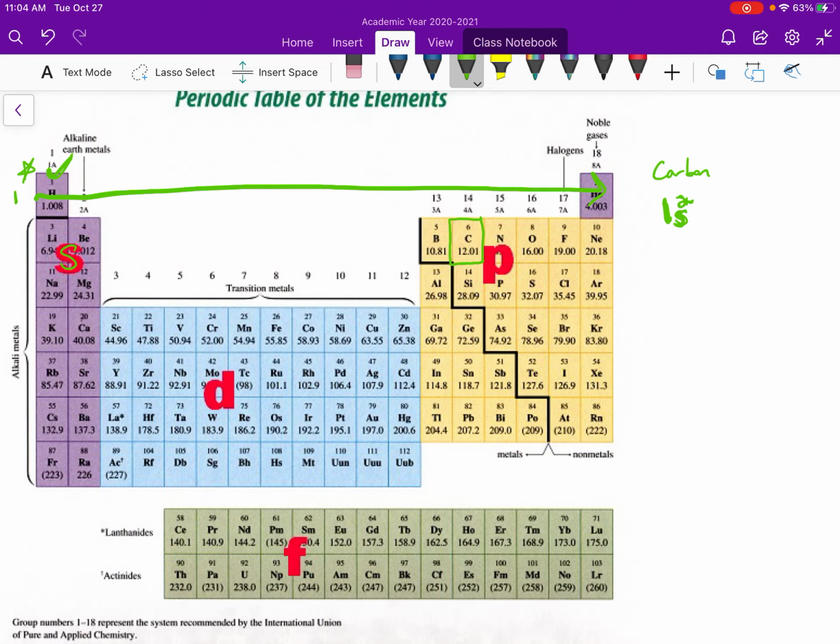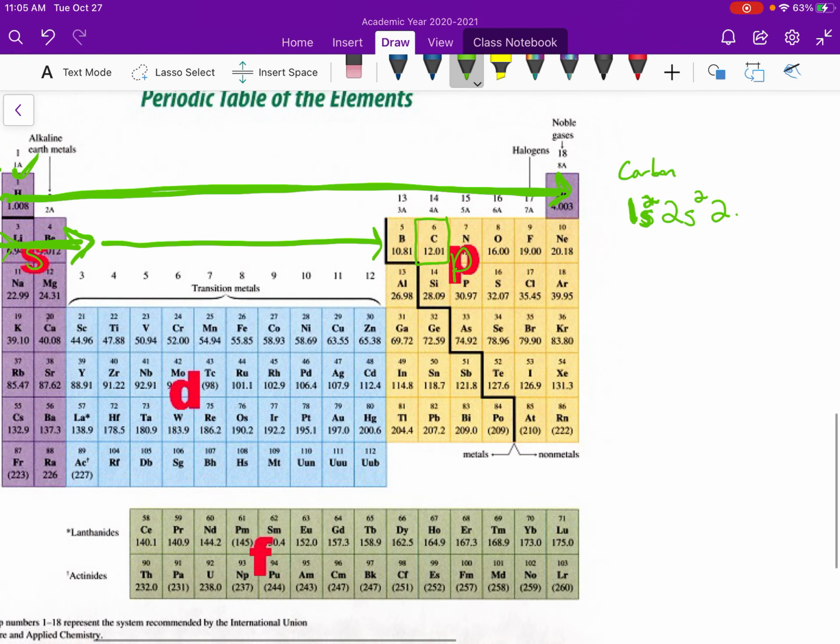Now I'm going to keep reading left to right. Now what do I hit? I hit lithium, which is in row 2, but in the S section. And I'm going to keep going through beryllium, 2. So I now have gone through 2 electrons in here and 2 electrons in here. And I'm going to keep reading. Now I'm still in row 2, but now I'm in the P block.